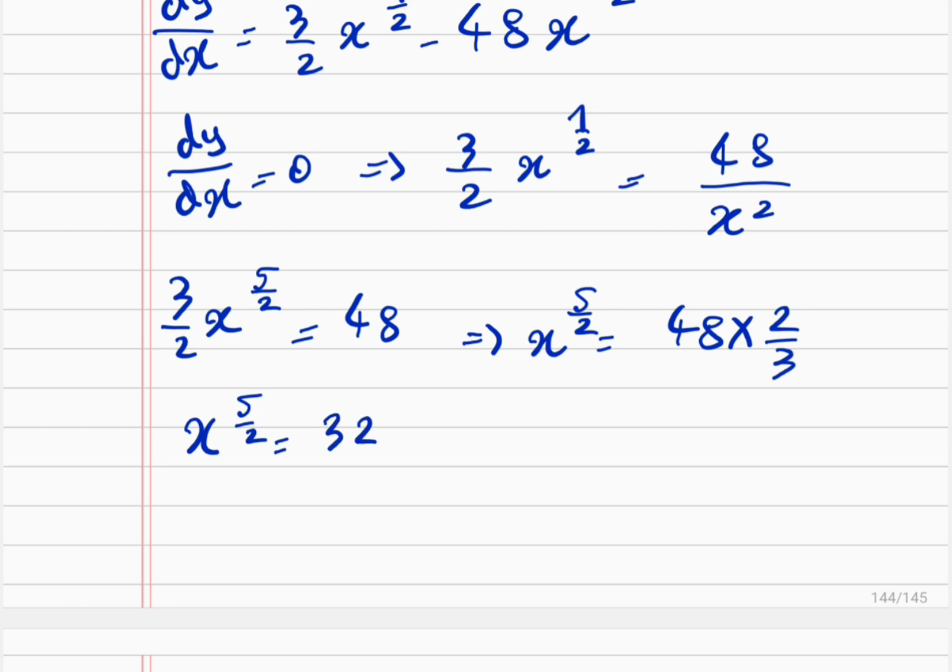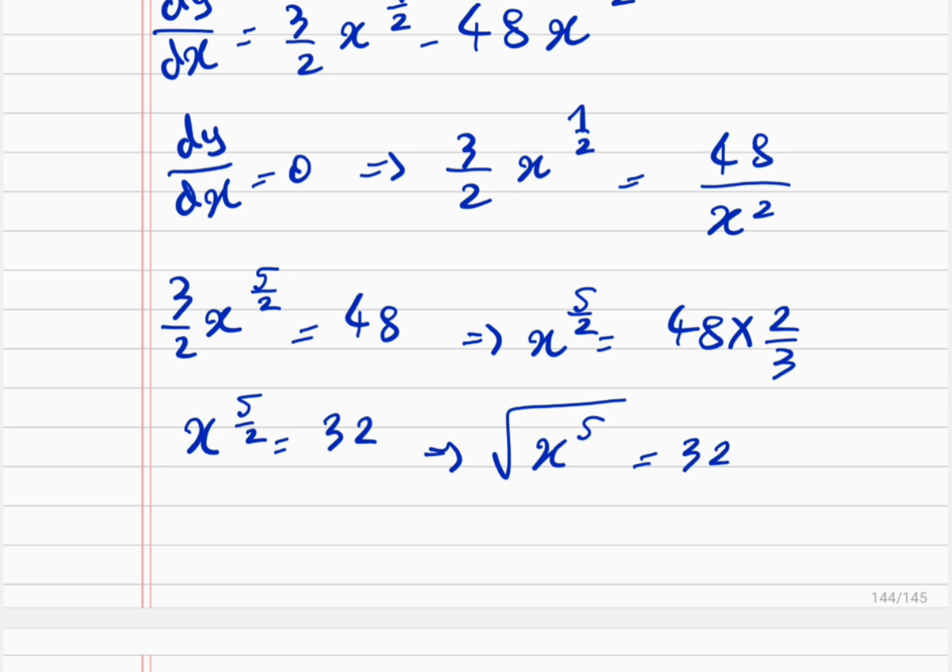Now we can use a calculator to find the value of x. That's one way. We can also simplify this, but let's just use the calculator to find this value. As a quick reminder, x to the power of 5 over 2 is equal to the square root of x to the power of 5, so that is equal to 32.